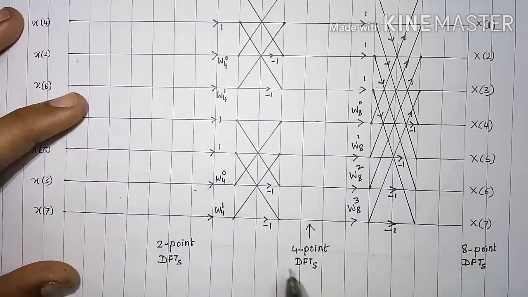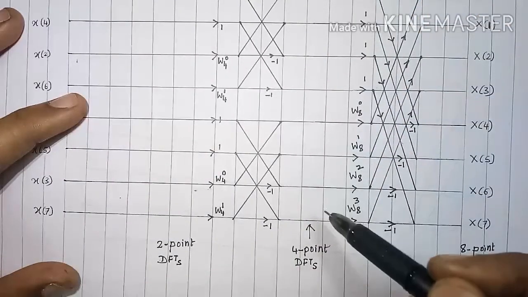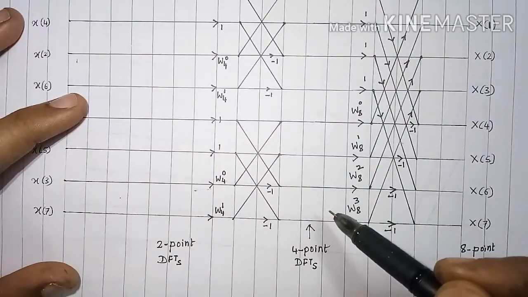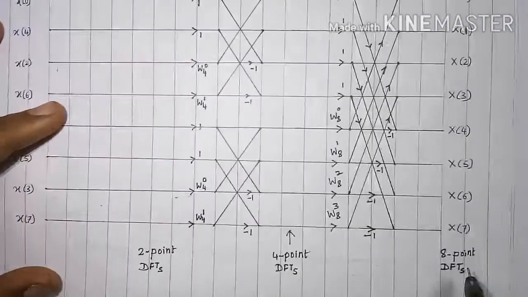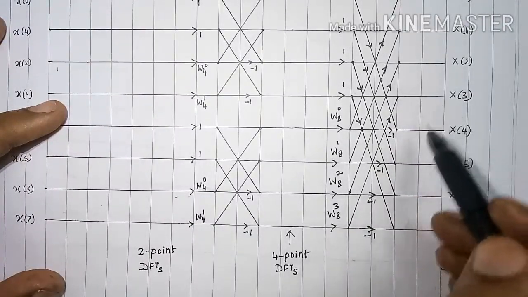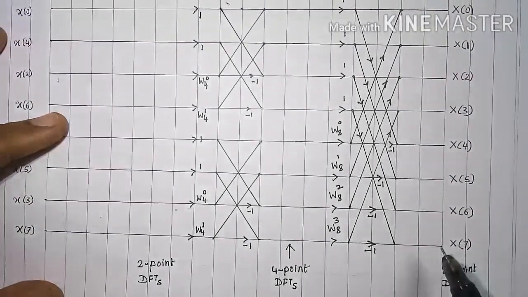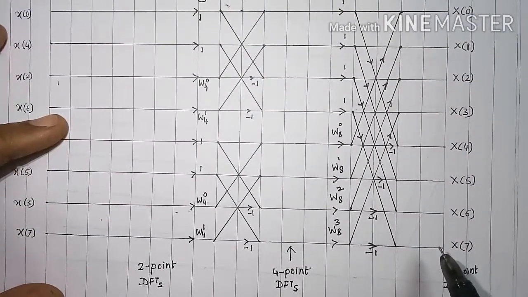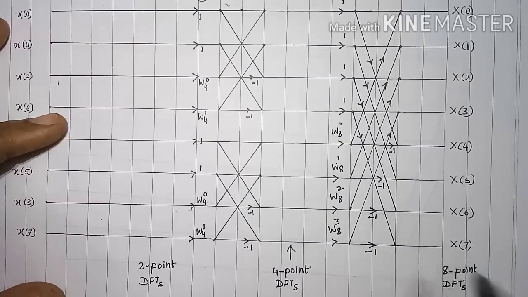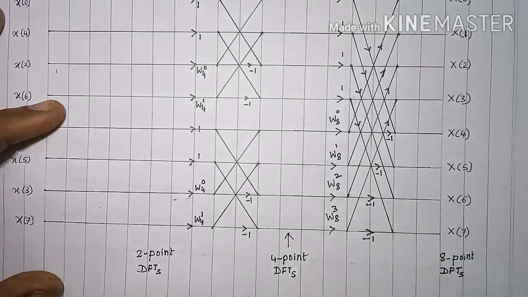So you can see here I have written 4-point DFTs. That means on these lines we are having 4-point DFTs. And the parallel lines here, which are coming out of the butterfly diagram used to combine 4-point DFTs, give the 8-point DFT as output.